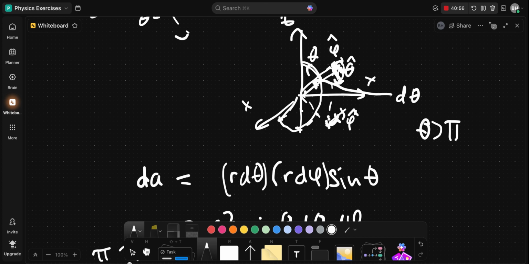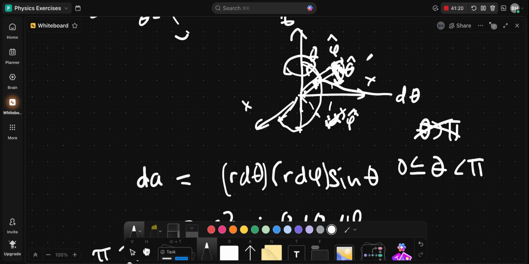If you went with theta greater than pi, you would be doubling the number of points in your system. So you don't want to do that. So there's a rule that theta is going to be between 0 and pi. On the other hand, phi goes full circle.